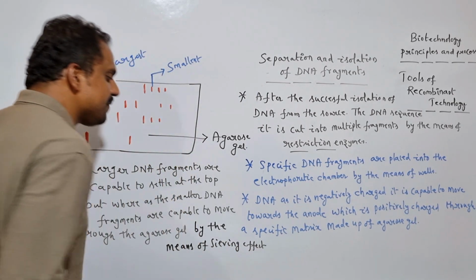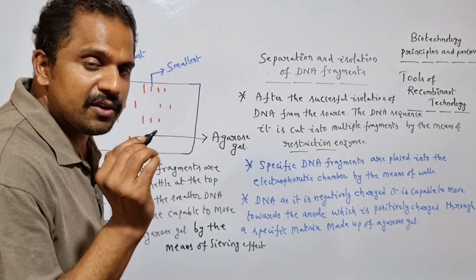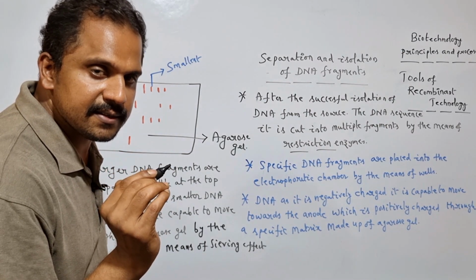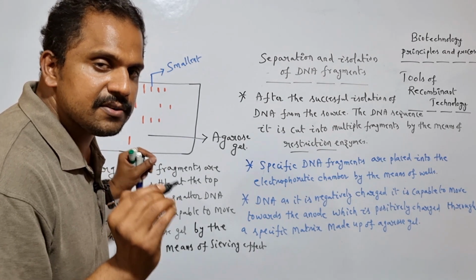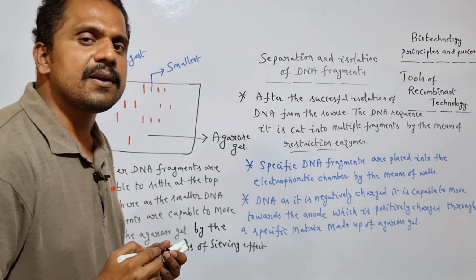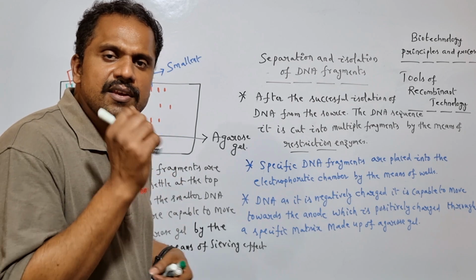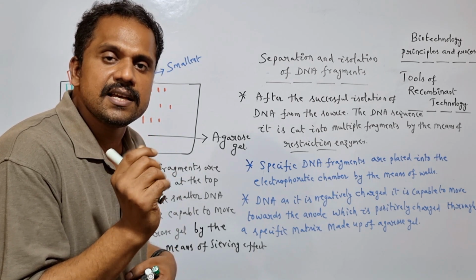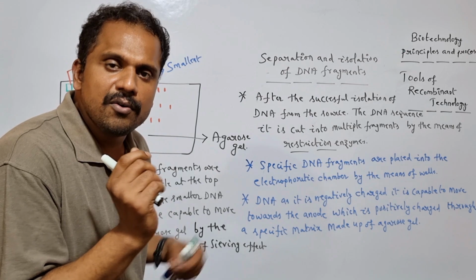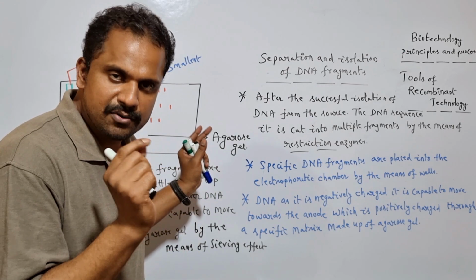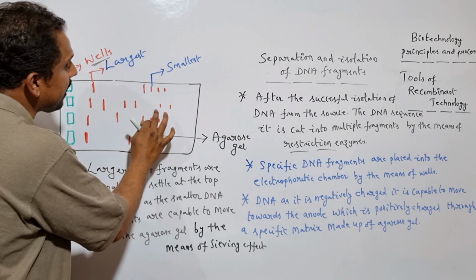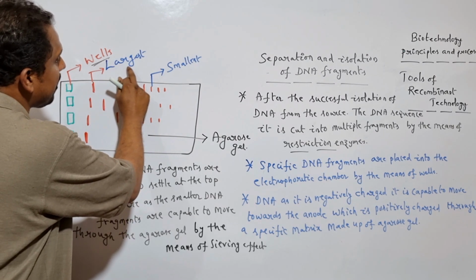So here the meaning of sieving effect is very simple. The agarose gel acts as sieve pore-like structures. Is it clear? The agarose gel has many sieve pore-like structures, which allow only the smaller DNA fragments. That is the reason why the smaller DNA fragments travel longer in comparison with the larger fragments.